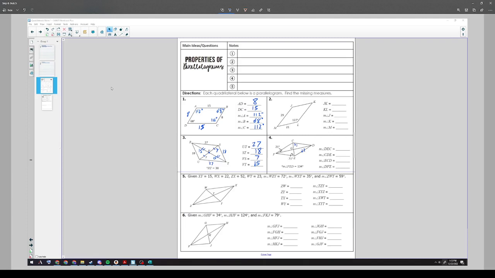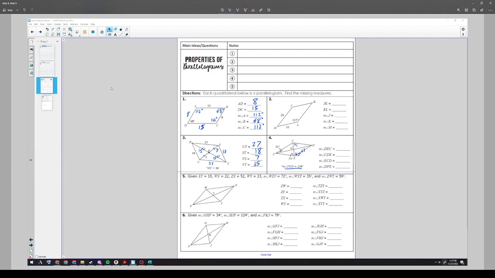We know that that's the same as that, that's the same as that. Oh, I missed the given information here. FED, so the big angle here is 134. I was wondering how we could get these other half angles. So we need to subtract 134 minus 71, and we get 63 degrees remaining here.